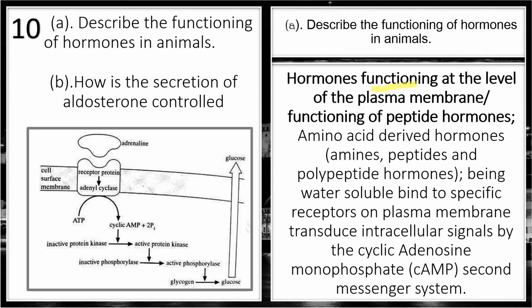Hormone functioning at the level of the plasma membrane, or functioning of the peptide hormones. Amino acid-derived hormones, for example, amines, peptides, and polypeptide hormones, being water soluble, bind to specific receptors on the plasma membrane and transduce intracellular signals by cyclic adenosine monophosphate, a second messenger system.